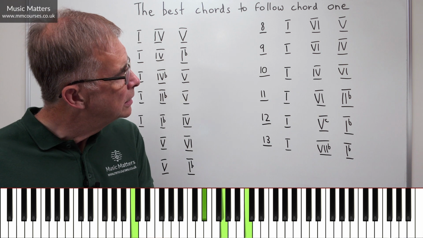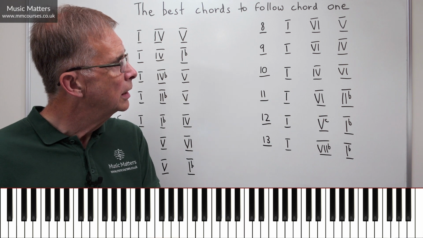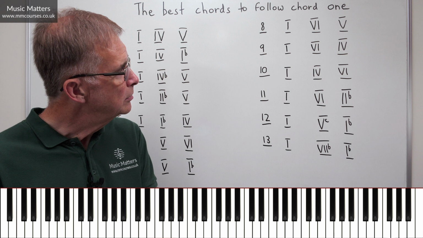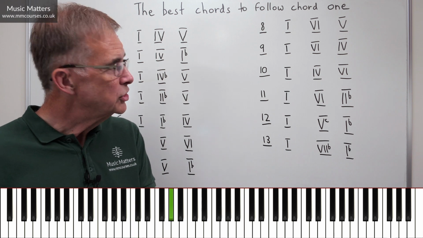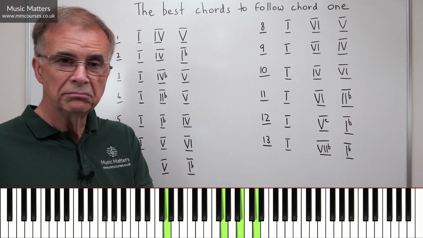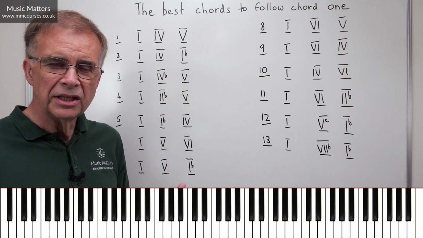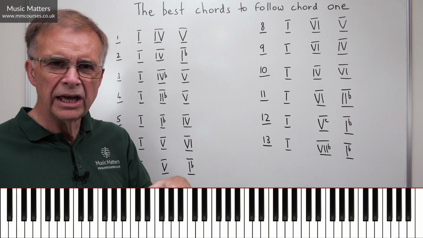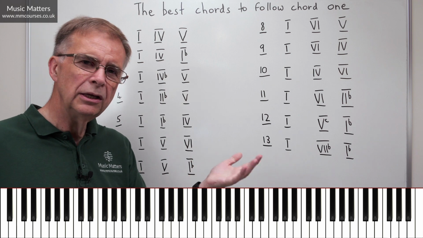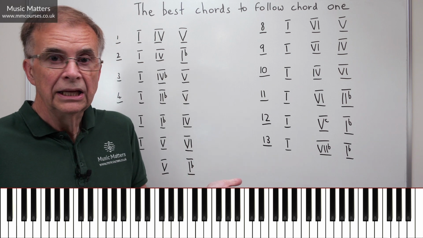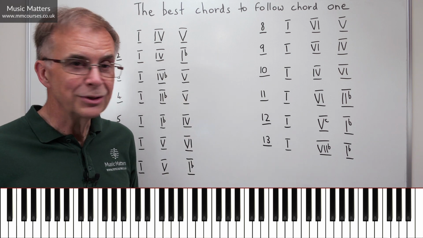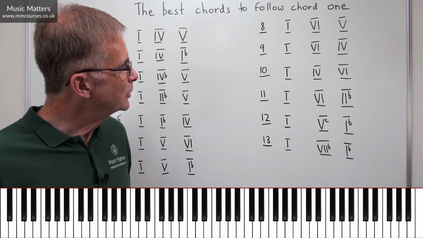Well, this one's going minor, major, major. Okay, you might be listening to these now thinking, well, I prefer this one to that, or I prefer this one in a minor key, or that one in a major key. That's great. You've got 13 options, so you can choose your favorite from these options.